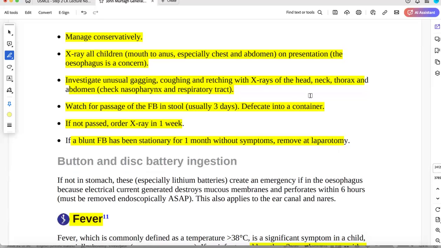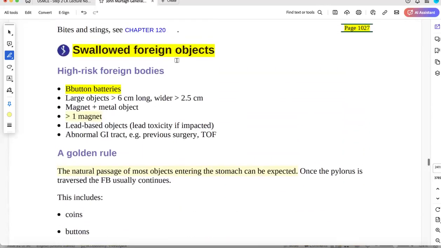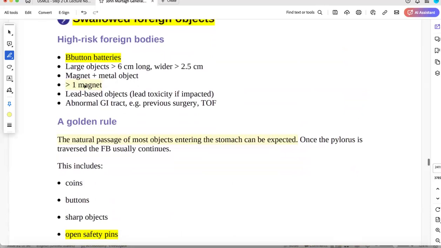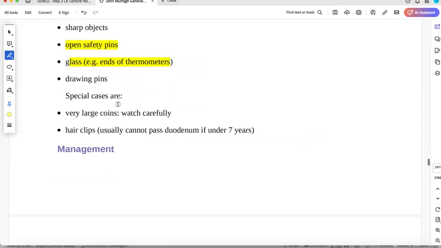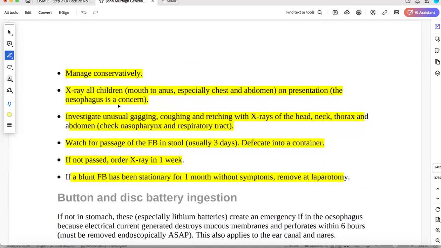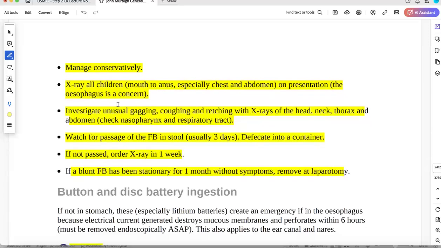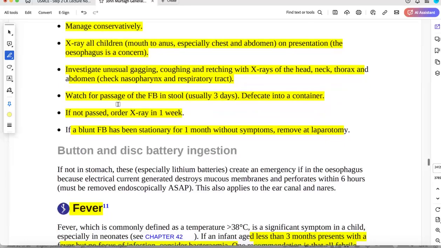But as a rule, for foreign body ingestion, especially if it is not a high-risk object, like not button batteries, the rule is just conservative management. Okay, so initial X-ray, advise the parents so that they can have a look in the stool for the next 3 days for any foreign body. If nothing has passed, reorder another X-ray in a week.